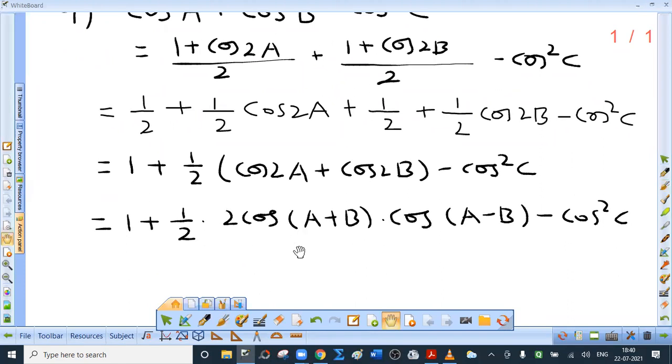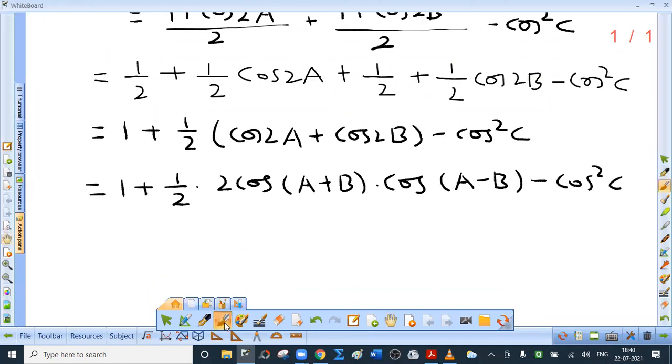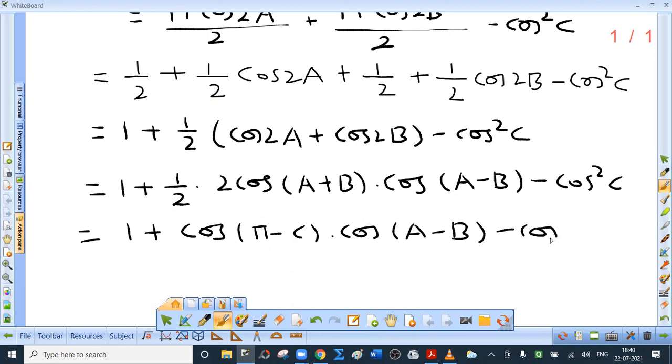Now we want cos C so that it can be taken common. So 1 plus, what is A plus B? Pi minus C. Remaining terms as they are. Now what is cos of 180 minus theta? Minus cos theta.